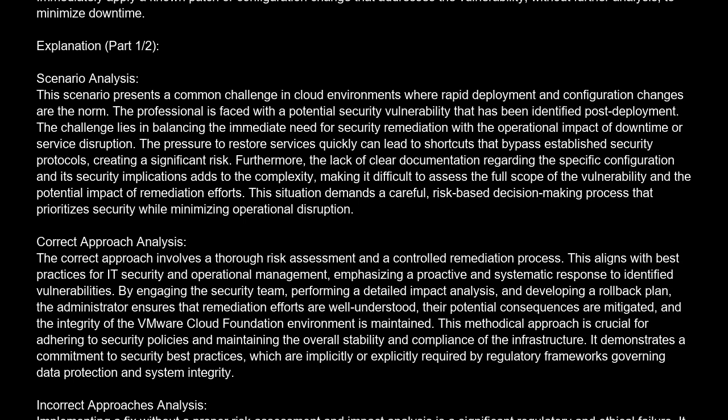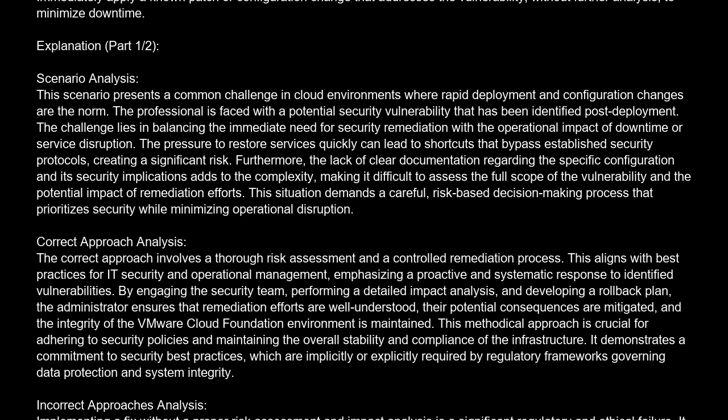Explanation. Scenario analysis. This scenario presents a common challenge in cloud environments where rapid deployment and configuration changes are the norm. The professional is faced with a potential security vulnerability that has been identified post-deployment. The challenge lies in balancing the immediate need for security remediation with the operational impact of downtime or service disruption.